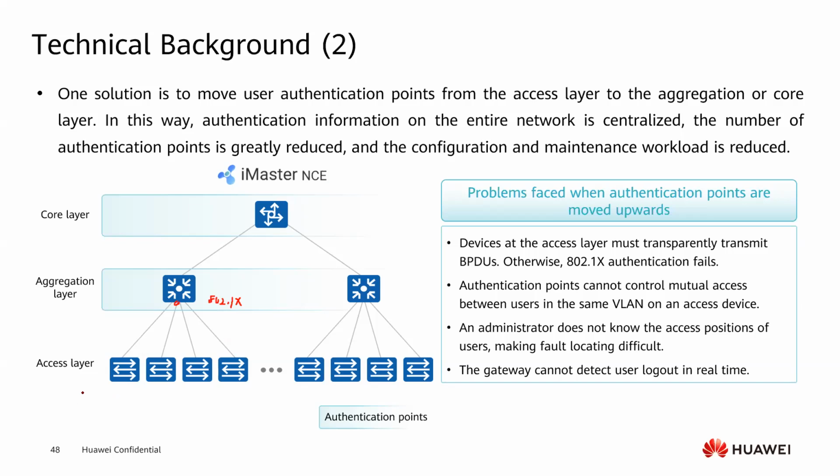And second, because you changed the authentication point, the authorized ACL to control the traffic can only be applied on the aggregation layer.